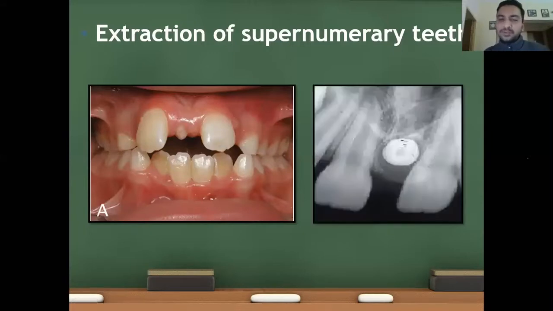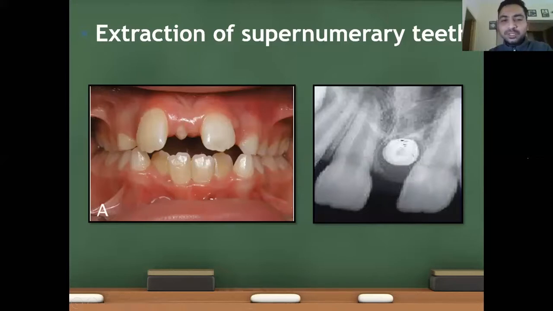Sometimes the case is not fairly simple. As you can see in this case, clinically it will just look like space between the two maxillary incisors, but radiographically there is a supernumerary tooth or odontome between the two central incisors that is preventing the approximation of the two teeth. So in that case, again, you have to remove this supernumerary tooth surgically.